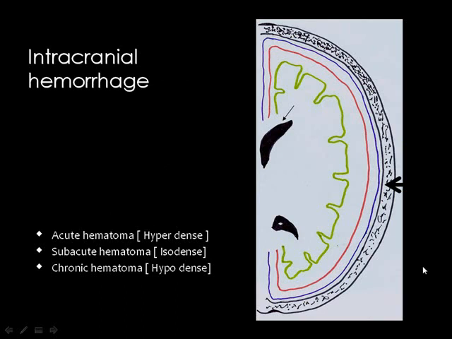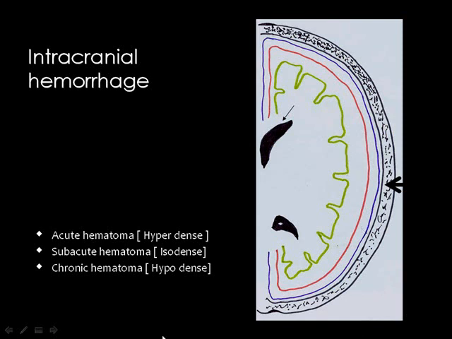Then, if hemorrhage is going to occur inside the cranium, what are the sites for intracranial hemorrhage? Let us see this drawing, which shows the skull table. This blue line represents the dura, this red line represents the arachnoid, and this green line represents the pia mater, which is adherent to the surface of the brain.